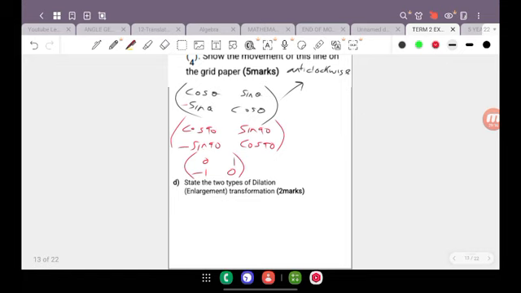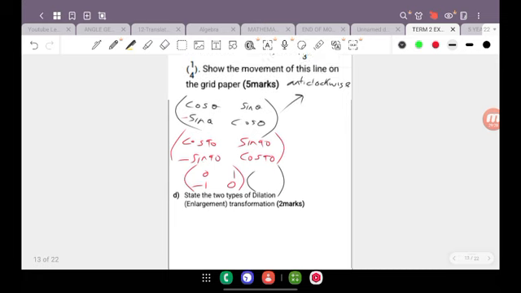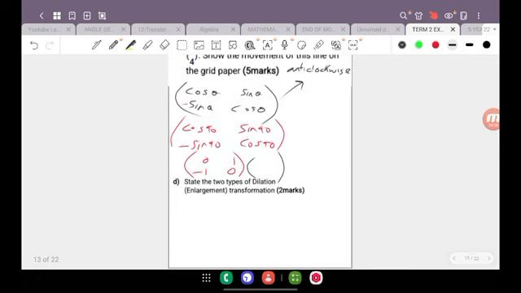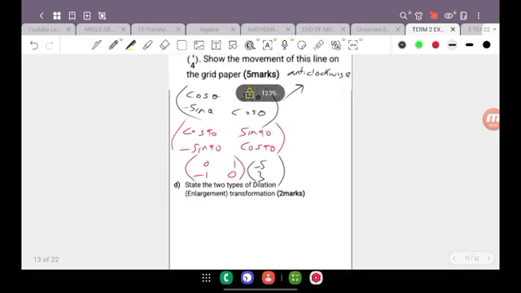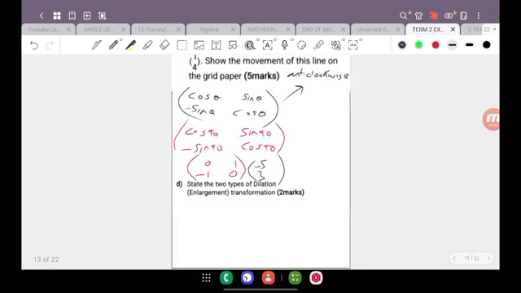So what we can do then is go ahead and use the matrix that we've calculated here, and multiply this by the points that were given. So the points that were given were negative 5, 3. So negative 5, 3. And we're going to multiply this by, say here, 1, 4.